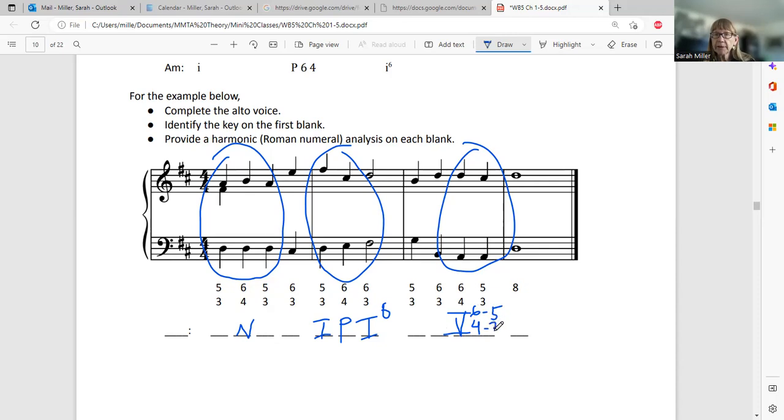And most often, what composers do, the reason we use the dashes is that the note that is a 6th above or a 4th above does go to that next note. So here, this note in the soprano is the fourth above, and it goes directly to the third. So it implies the voice leading. So then the sixth above, which would be F, that would be in the alto.